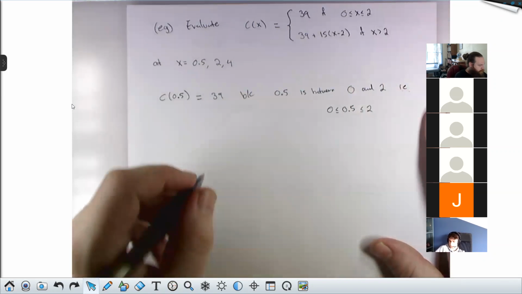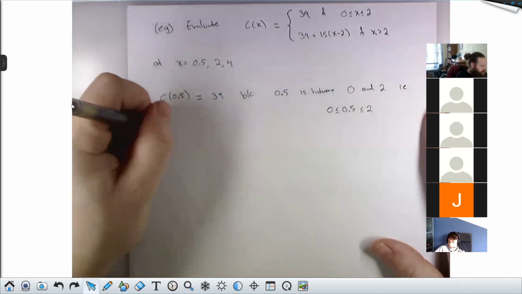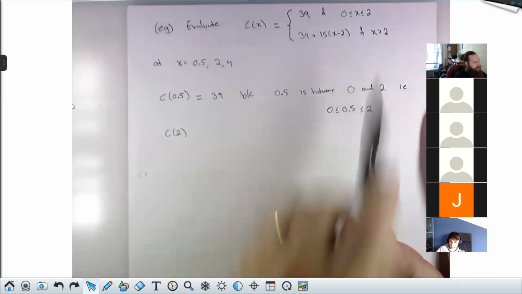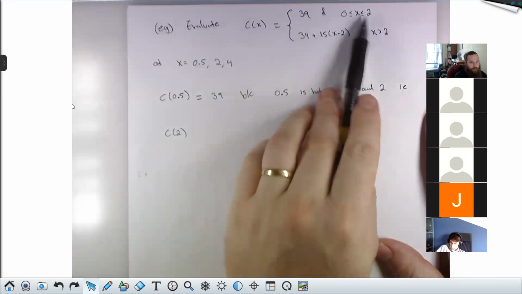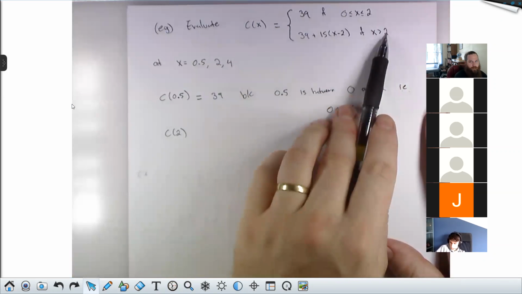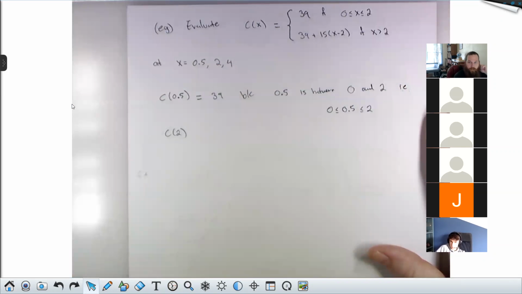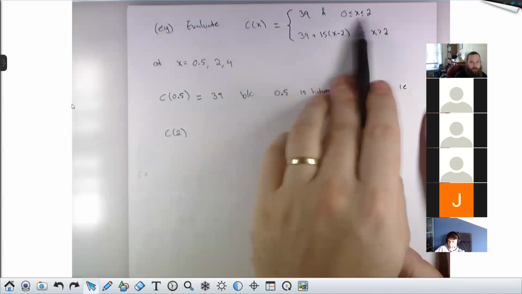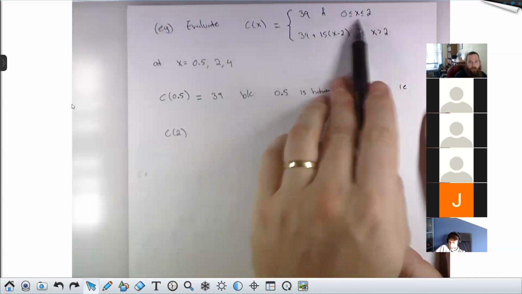We want to evaluate next c of 2. Which one of these two categories does x equal to 2 fall into? The first one, because it has the less than or equal to 2. Excellent, right. If you plug x equals 2 into this inequality, you get a true statement. 0 is less than or equal to 2, good.